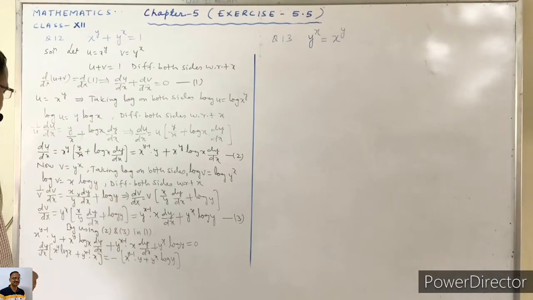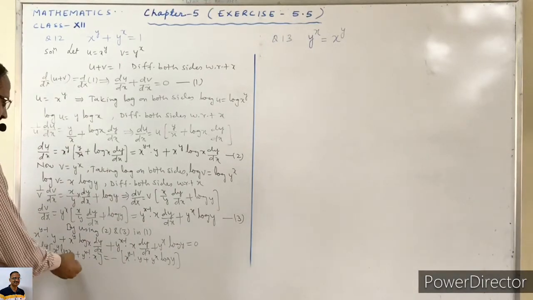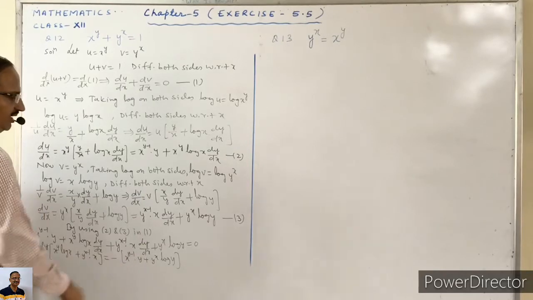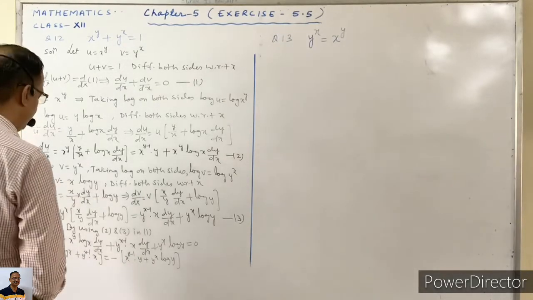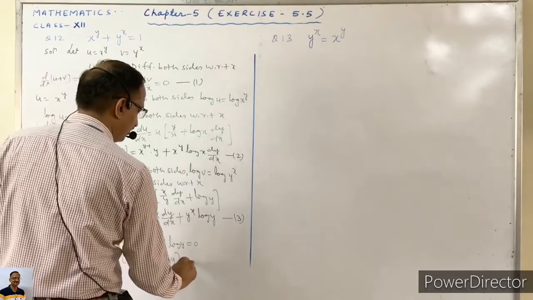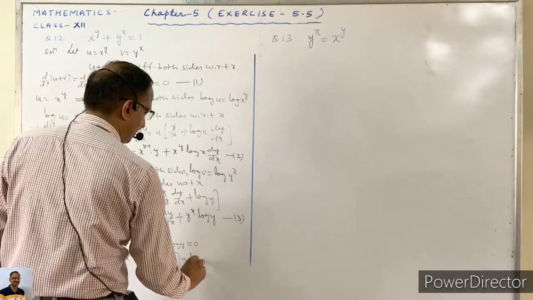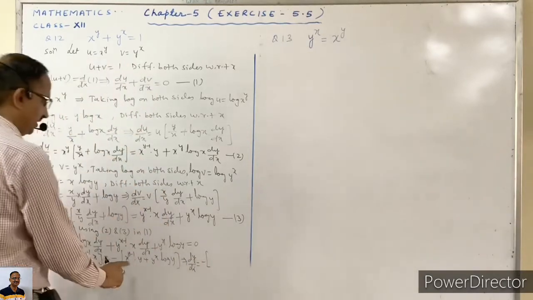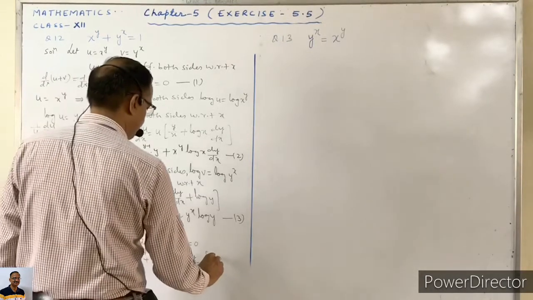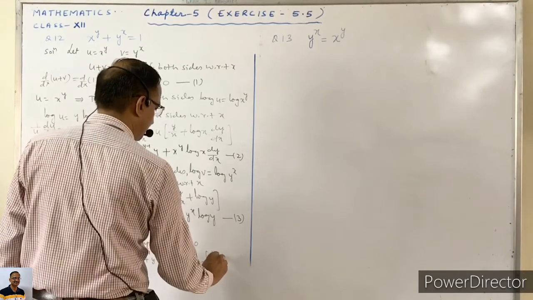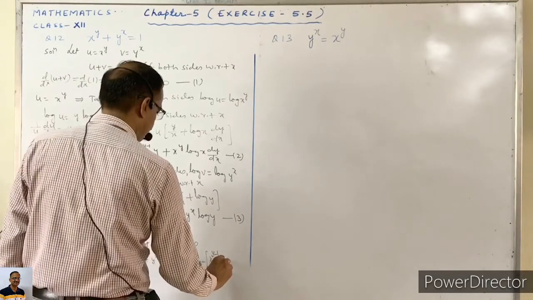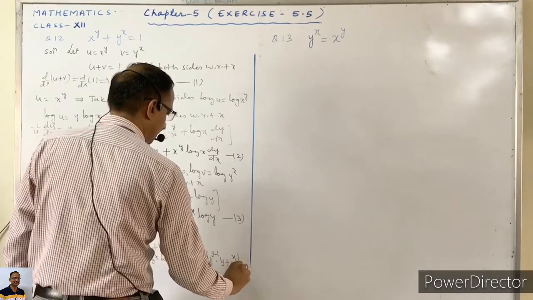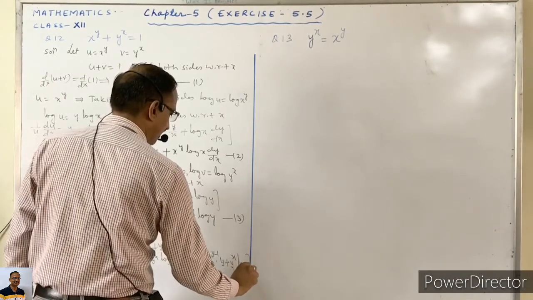So when we find dy by dx, then transfer these terms on the right hand side. So this will become in division. So finally we will get the value of dy by dx as minus, this term is as it is. So this is x raised to power y minus 1 into y plus y raised to power x and log y.